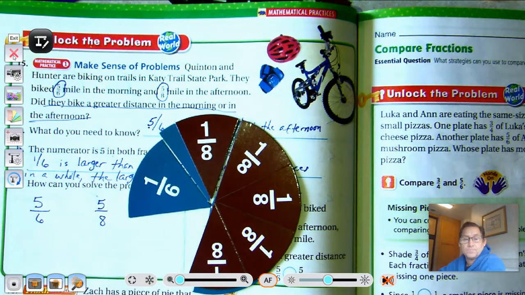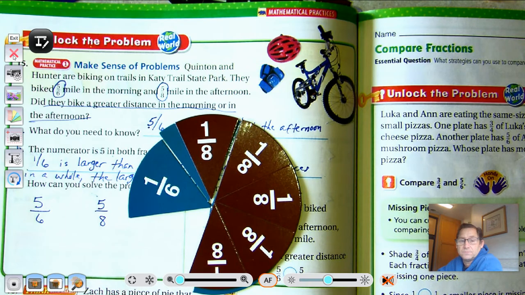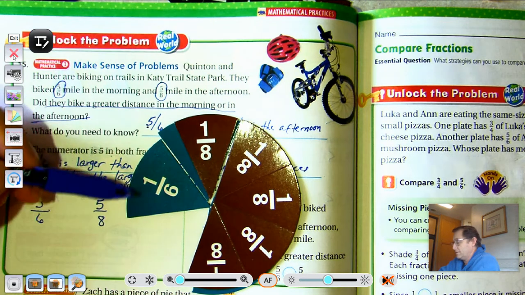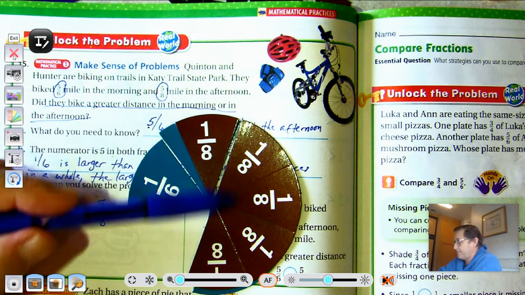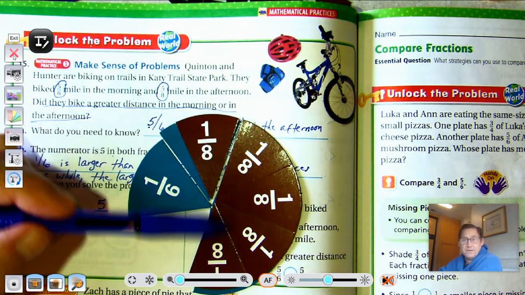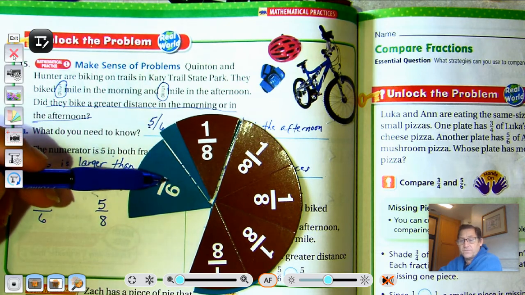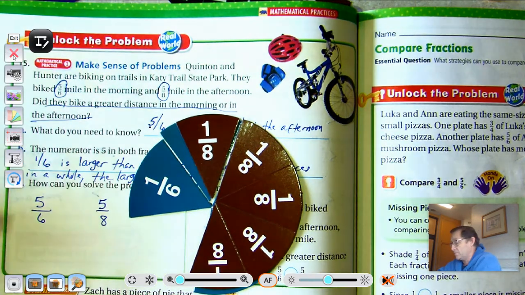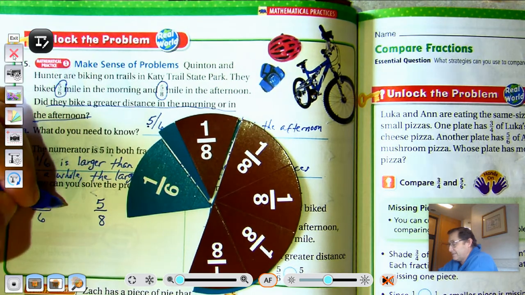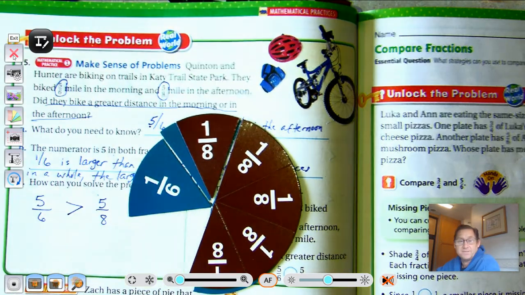All right. So when we're comparing these two circles, which one has more of the circle? The 1/6. Okay, the 5/8 covers this much of the sixths, but this piece is further. Okay, completes more of the circle. So 5/6 is larger than 5/8.